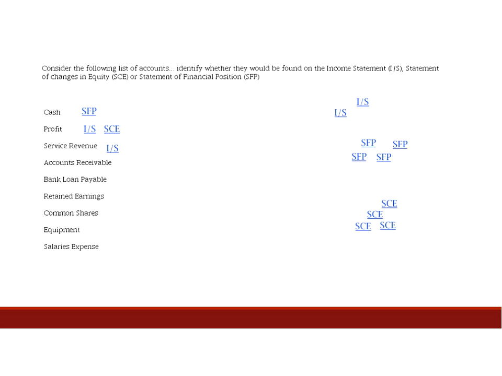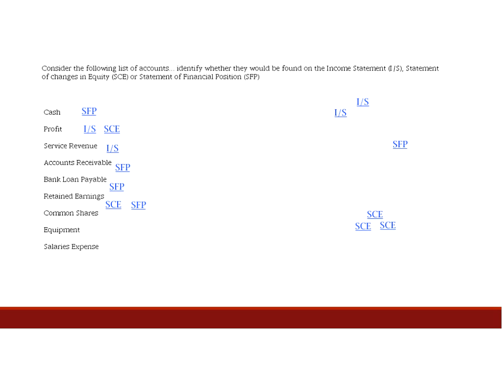Service revenue was found on our income statement. Accounts receivable was found on our statement of financial position. Bank loan payable was one of those liabilities under our statement of financial position. Retained earnings, remember we saw that category on our statement of changes in equity. We also saw it listed on our statement of financial position under our shareholders' equity section.